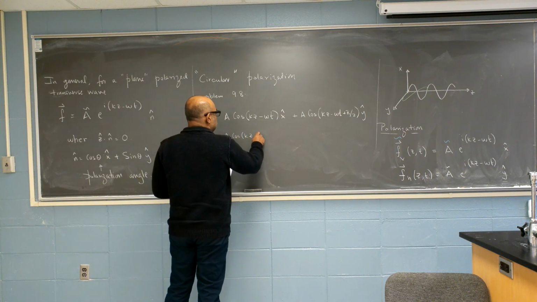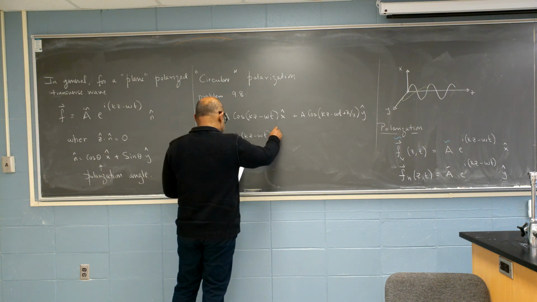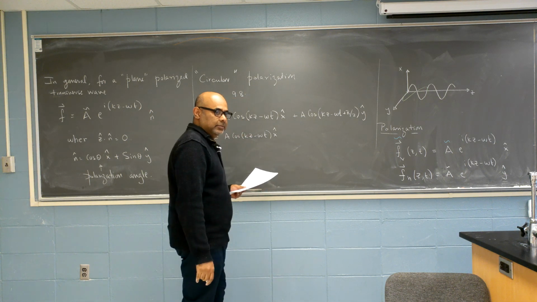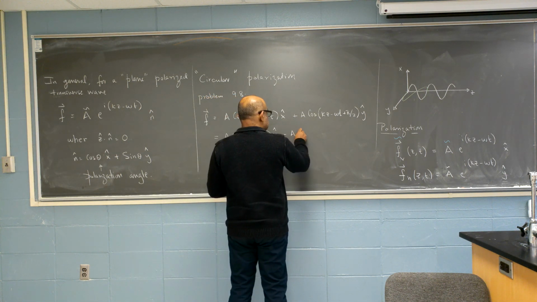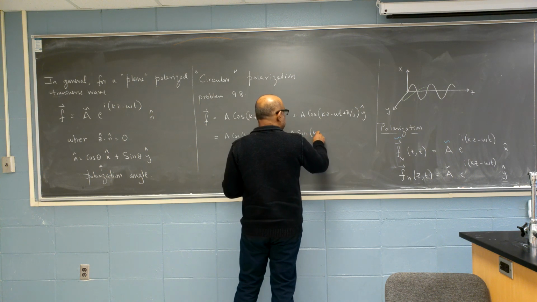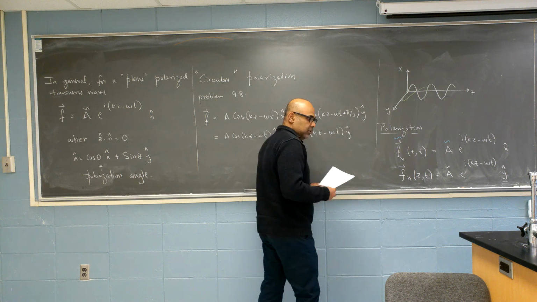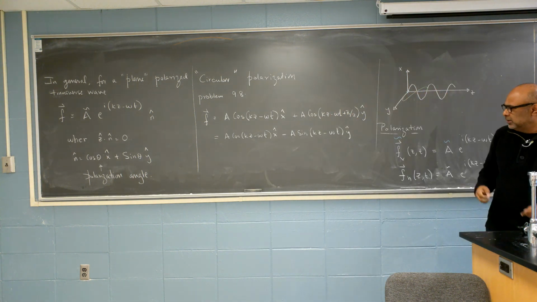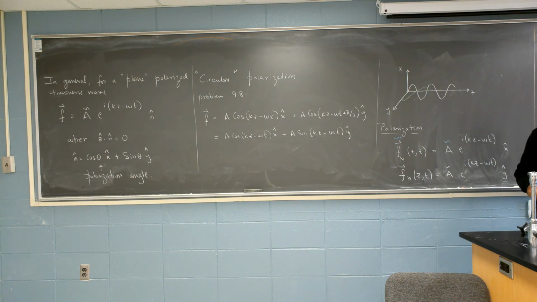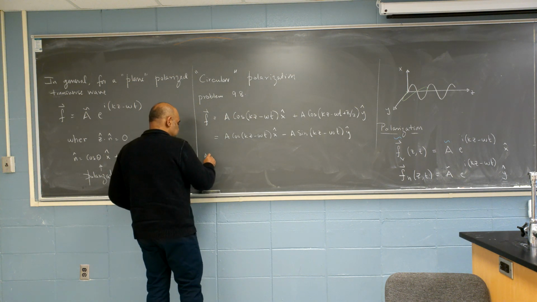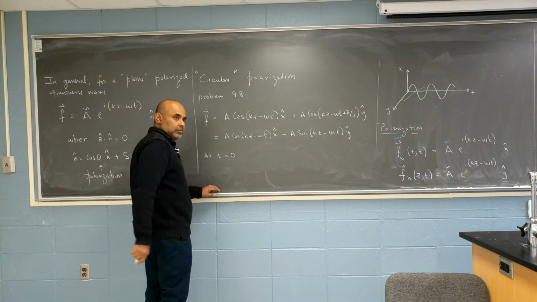Cosine kz minus omega t x hat. Cosine of 90 plus theta is minus sine theta. So it is minus a sine kz minus omega t y hat. So what I'm going to do is graph this in the xy axis to see what it looks like. Let me do this first at t equals 0.